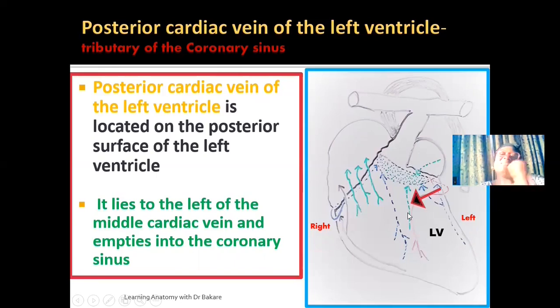So you can see the relationship between the middle cardiac vein and also the posterior cardiac vein of the left ventricle. In case we are asked during the exam, we should be able to state where they are placed. And this is the middle cardiac vein that is arrowed here in yellow. And we have the posterior cardiac vein of the left ventricle here arrowed in red.